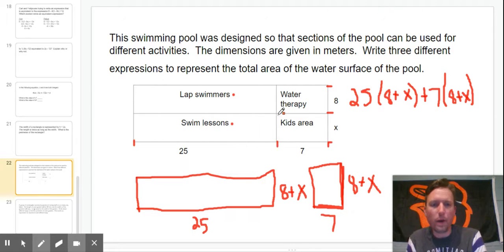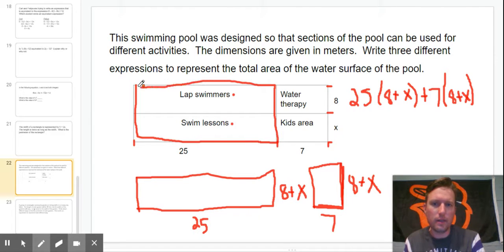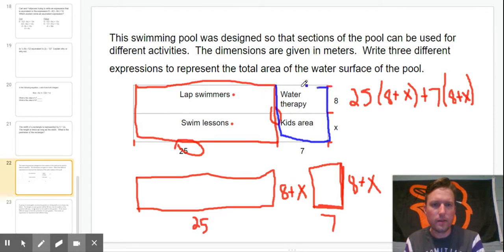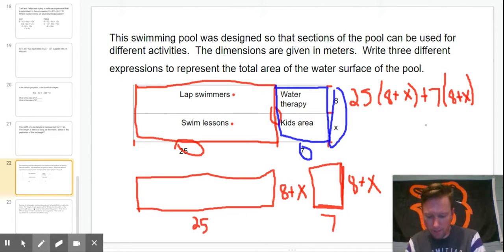What I did here is I took this section and wrote this length and this width. And then I took another section, and again I took this length and this width, and then I added them together. That would be one expression.